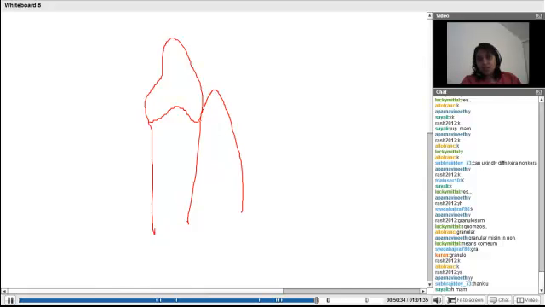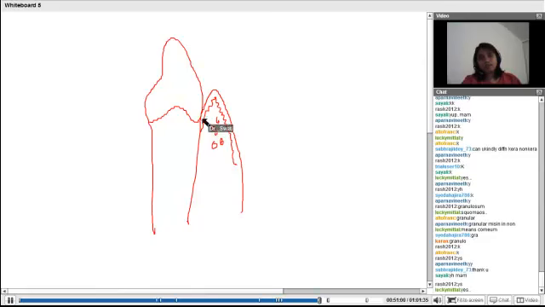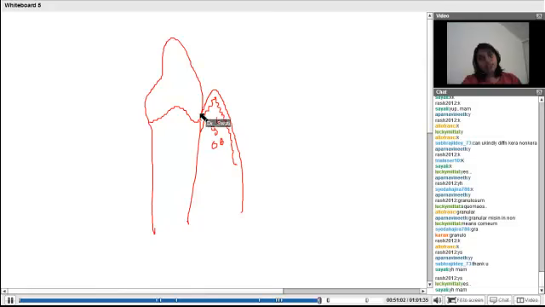This part of the epithelium which is lining the sulcus, this is the sulcus, right, is your sulcular epithelium, and the part of the epithelium which is on the outer side is your oral epithelium. So this is your oral epithelium, this inner side is your sulcular epithelium, and this which is attached is your junctional epithelium.